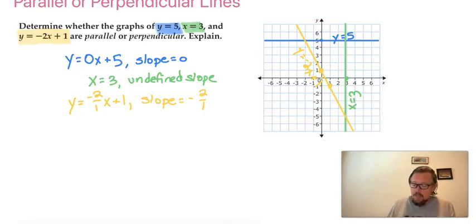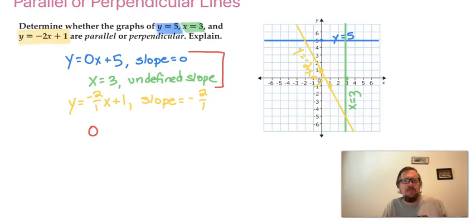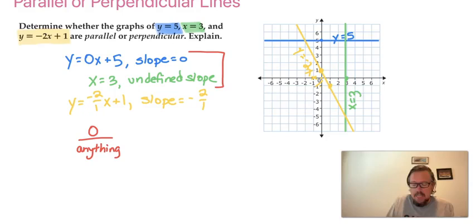It turns out 0 and undefined are negative reciprocals, though, because if you were to take the slope of 0 and you flip it, writing 0 as a fraction is just 0 over something. 0 over anything, really, is a slope of 0. The reciprocal of that, then, would be anything over 0.